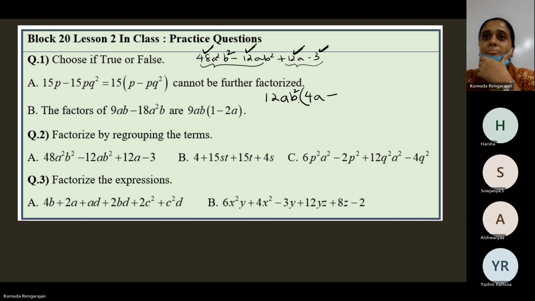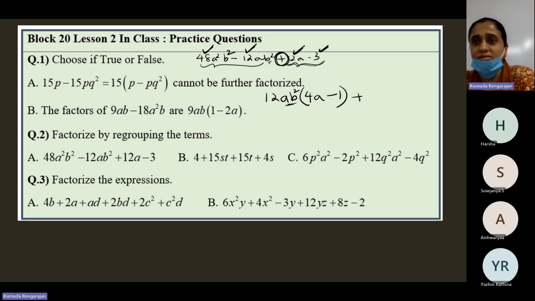Minus 1. 12 ones are 12. So leave that. Now ab square, we have it here already outside. So minus 1. Now what's the HCF of these two? 3. Whatever sign you see after the second term, plus, put that.